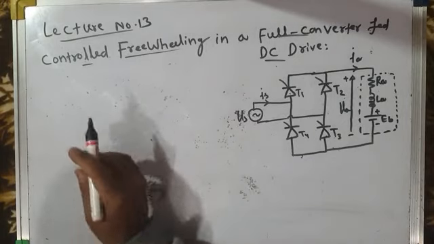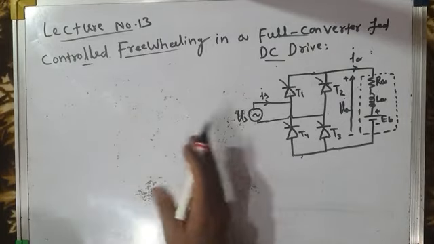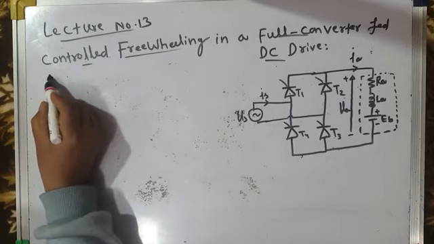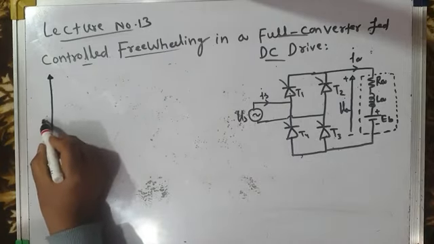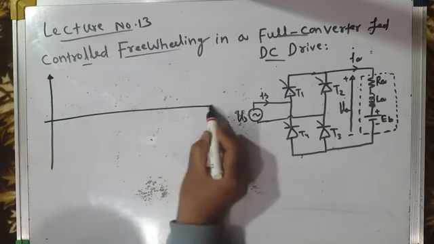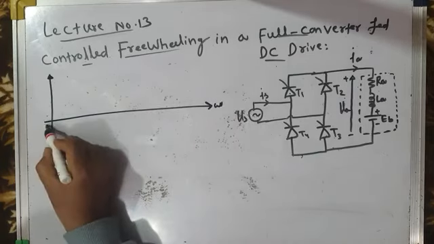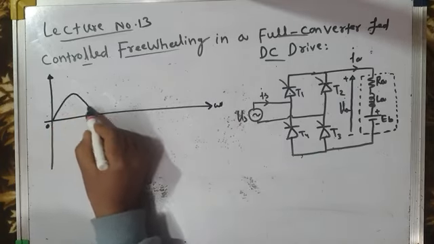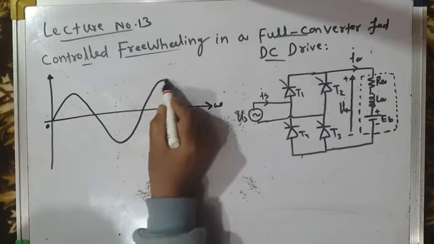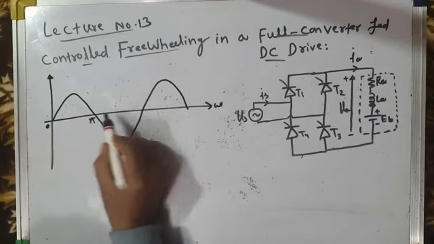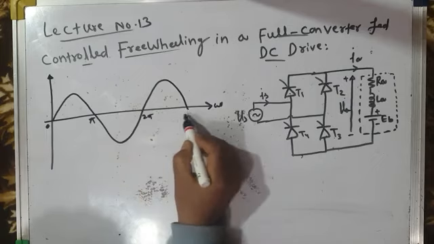Let us first of all consider a normal waveform without freewheeling. This is our source voltage waveform, with zero crossings at 0, pi, 2 pi, 3 pi, and so on.